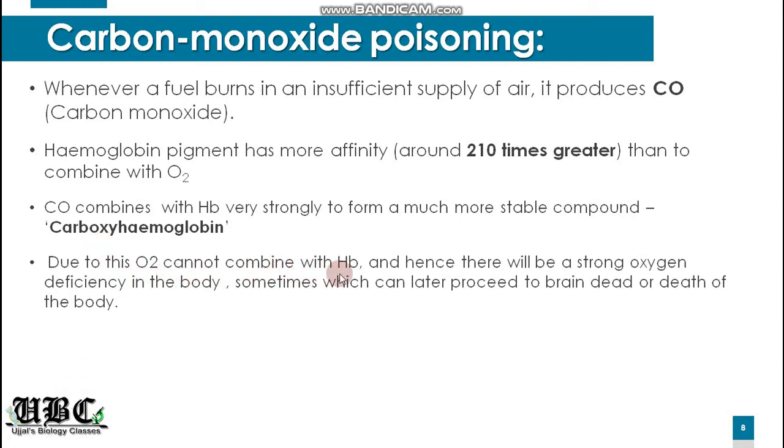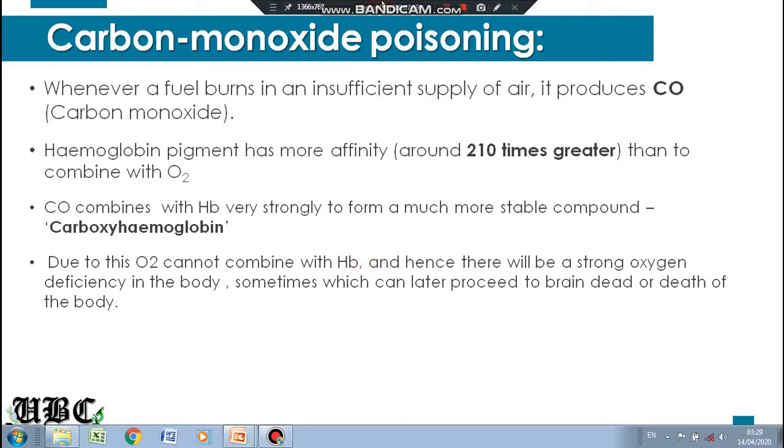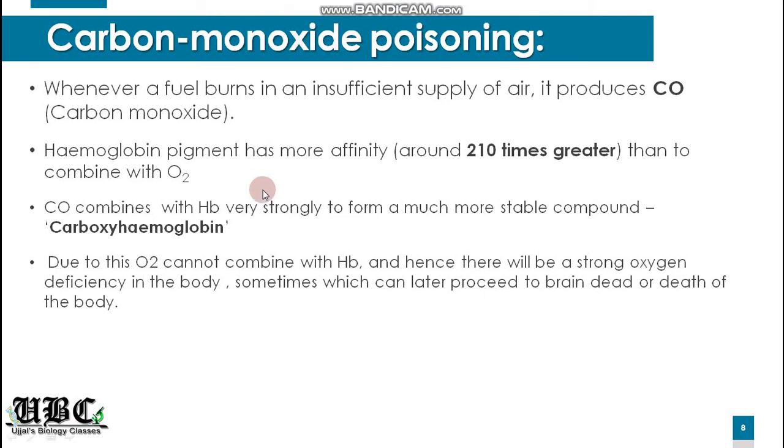Due to this, oxygen cannot combine with hemoglobin because that hemoglobin is already occupied by the carbon monoxide, and hence again there will be a strong deficiency in the oxygen content of the body, which can later proceed to brain death or death of the body, because for all the cells to work properly, they require oxygen.